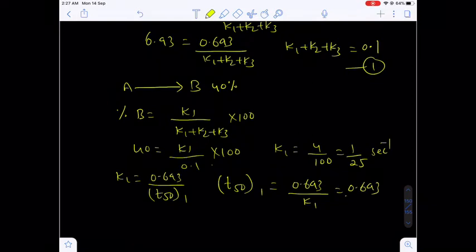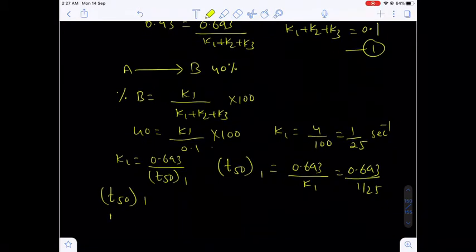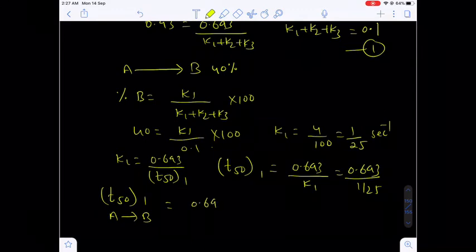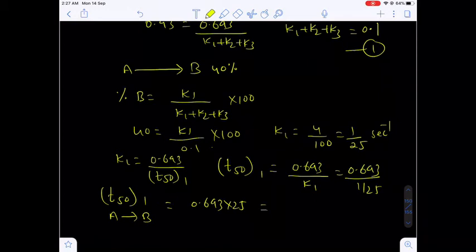With K1 value 1 upon 25, T50 in the first path, that means A to B half-life, will be equal to 0.693 into 25. Are you getting my point? Otherwise you can simplify this one. So what are the units here?